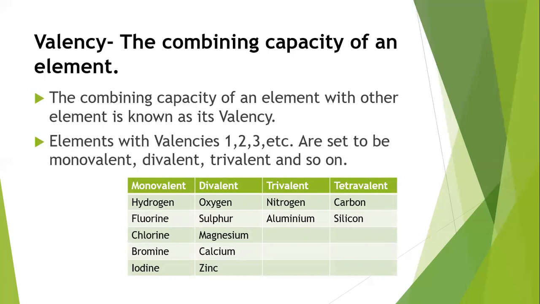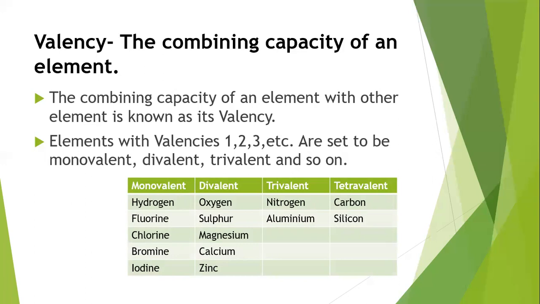Therefore, the valency of an element is expressed by the number of hydrogen atoms that combine with one atom of the element. It is also given by the number of hydrogen atoms that an atom of an element replaces in a compound.